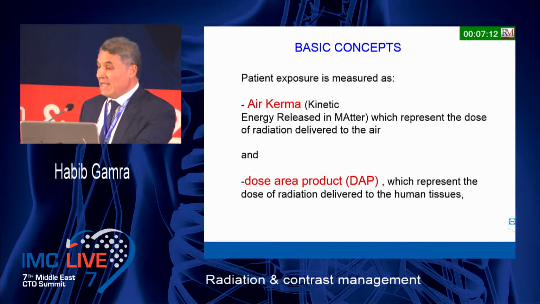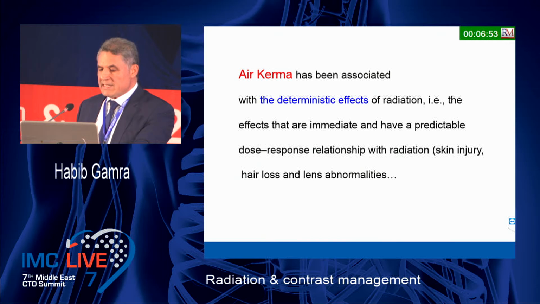Air kerma, for example, kerma stands for kinetic energy released in matter, represents the dose of radiation delivered to the air. And DAP, the dose area product, represents the dose of radiation delivered to the human tissue. Now, air kerma has been associated with what we call the deterministic effects of radiation, that is, the effects that are immediate and have a predictable dose response relationship with radiation, like skin injury, hair loss, lens abnormalities.